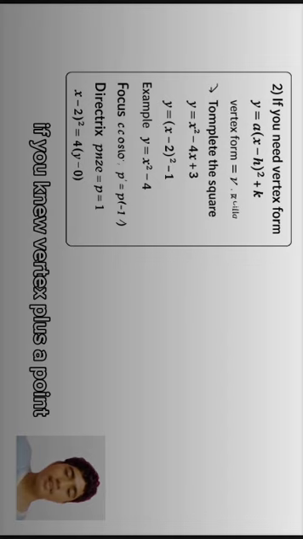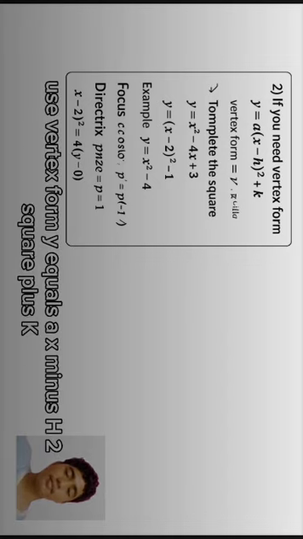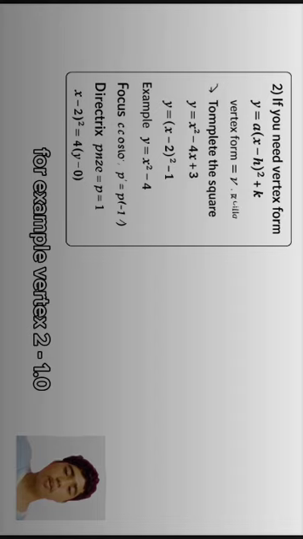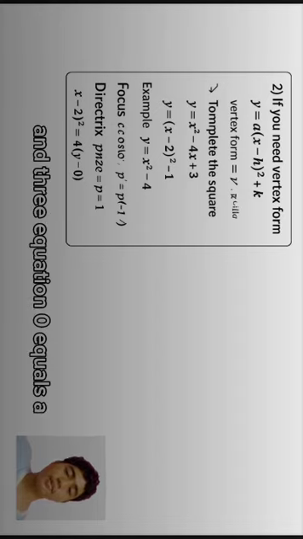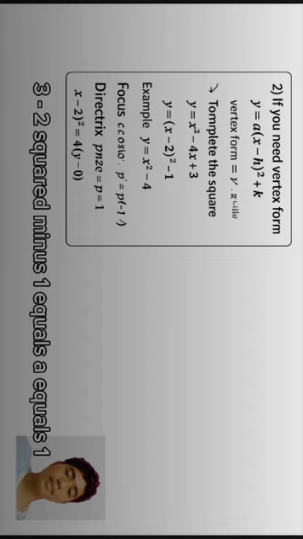If you know the vertex plus a point, use vertex form y equals a times x minus h squared plus k. For example, vertex 2, negative 1, point 0 and 3. Equation: 0 equals a times 3 minus 2 squared minus 1, so a equals 1.